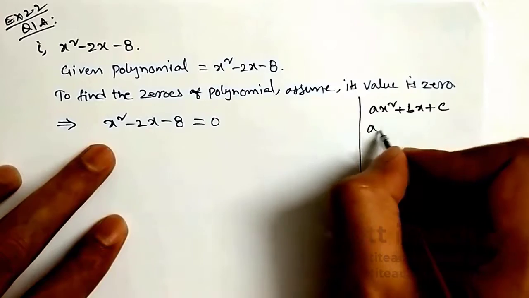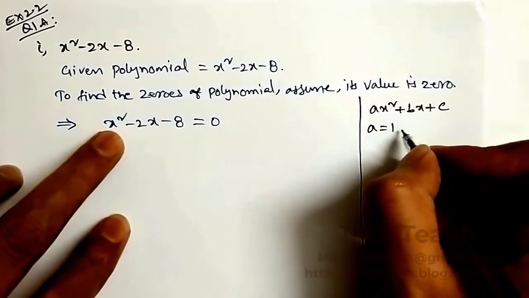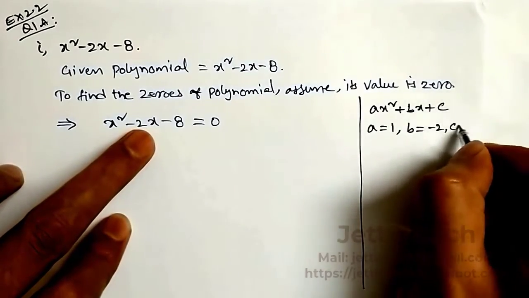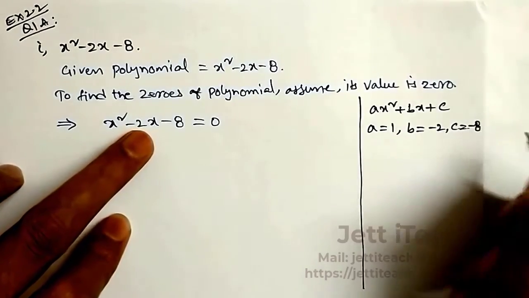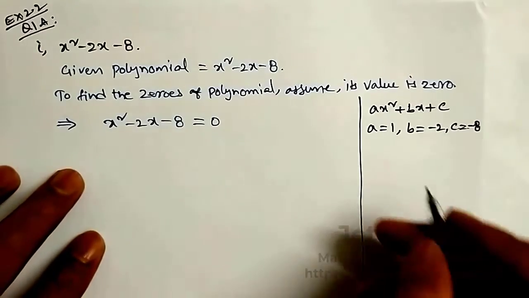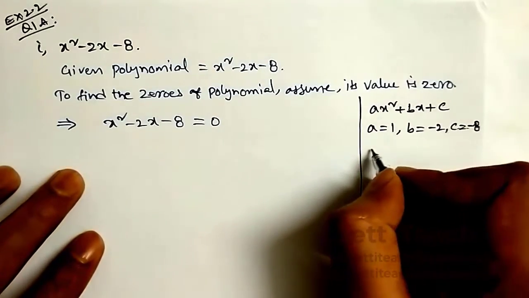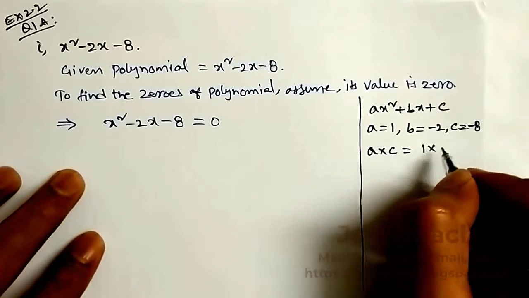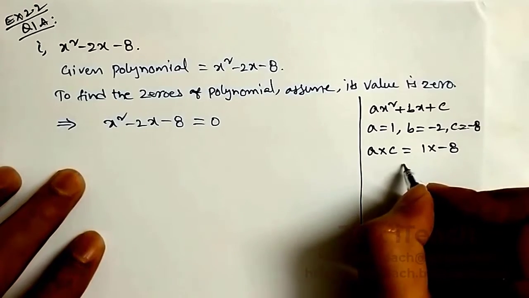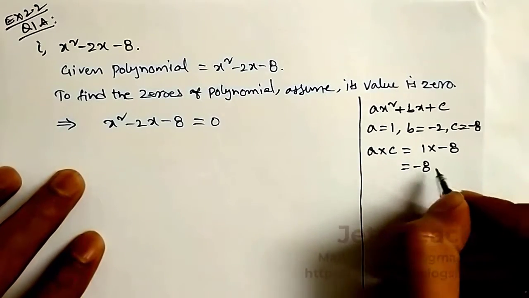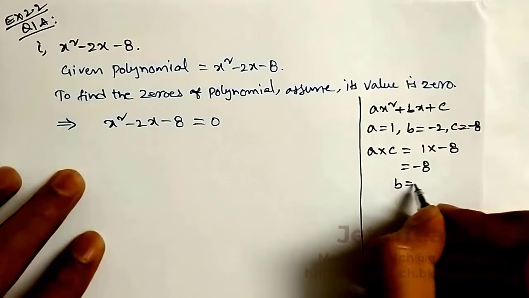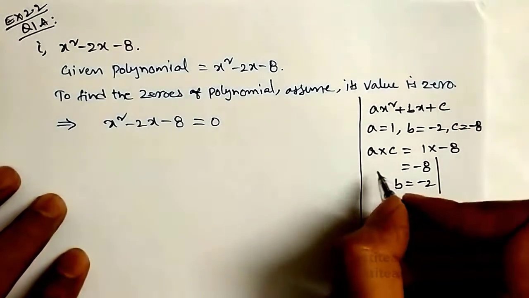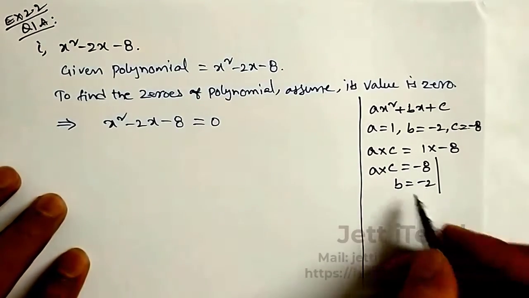Here a is 1, b is minus 2, c is minus 8. Now a into c is 1 into minus 8, so that is nothing but minus 8. What's the value of b? b is minus 2.